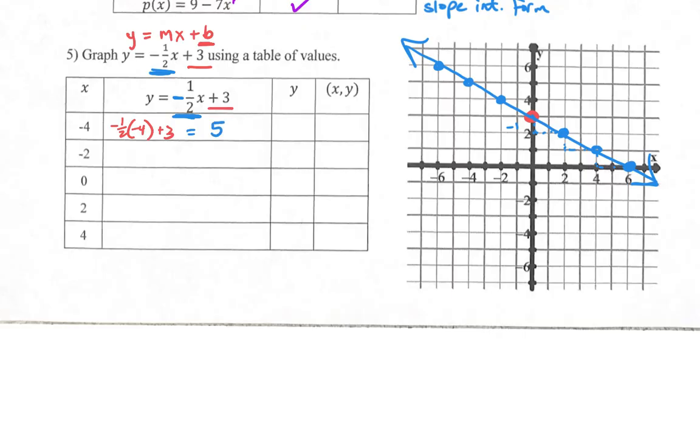The next one's negative 1/2 times negative 2 plus 3. Again, a negative times a negative is going to be a positive, and half of 2 is 1. 1 plus 3 is 4. I know this is my starting point, so I don't really have to do any work. I know that's going to be 3. And I'm starting to notice a pattern. 5, 4, 3. I bet the next one's going to be 2. I bet the next one's going to be 1. And if I did the work, I'd see that that pattern was good.